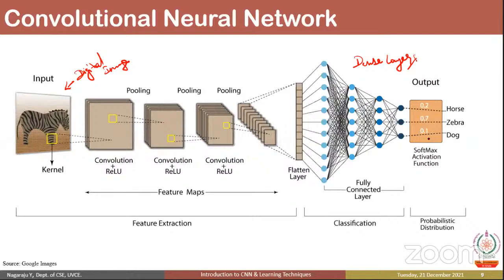Based on the probabilities, the model is going to decide what the given image is. In the feature extraction phase, we have the convolution layer, the pooling layer, and ReLU also. We are going to see them in upcoming slides. Then here comes the flattening layer. So now let's discuss one by one: what is convolution, how it works, and how pooling works.